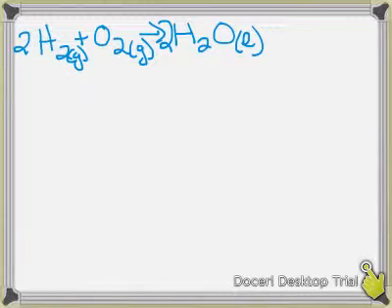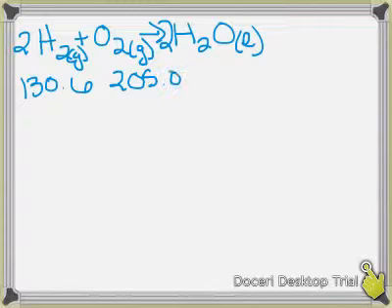Well, we just looked up the entropy for hydrogen gas, and that was 130.6. Somebody tell me the entropy for oxygen gas. 205. And then what about liquid water? 69.940.